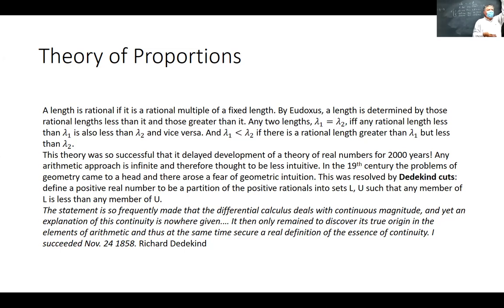So a length is determined by the rational lengths that it's greater than or less than. And this Eudoxian solution was super successful. In fact, for 2,000 years, it was how people defined real numbers.